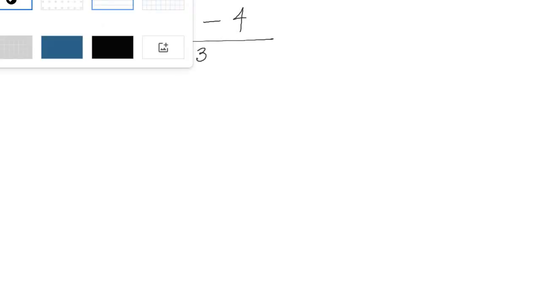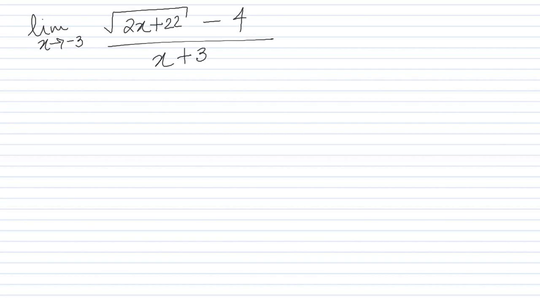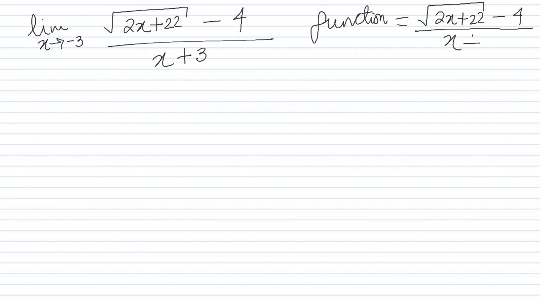The first thing we have to do is break this down. We're going to just deal with the function itself. We know the function to be the square root of 2x plus 22, minus 4, divided by x plus 3. Right? This is the function.